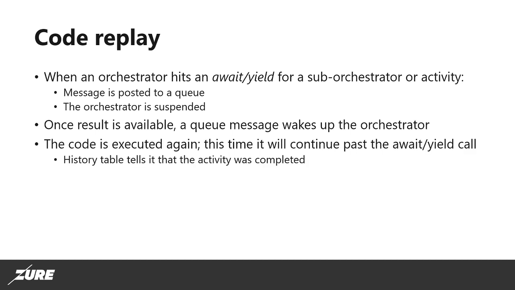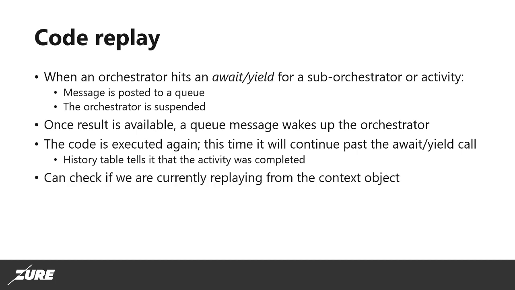This will cause the code to execute again from the beginning, but this time it will continue past that await or yield call. So it's using the history table to know that the activity was completed, and it has the result as well. So it knows that it doesn't have to execute it anymore.